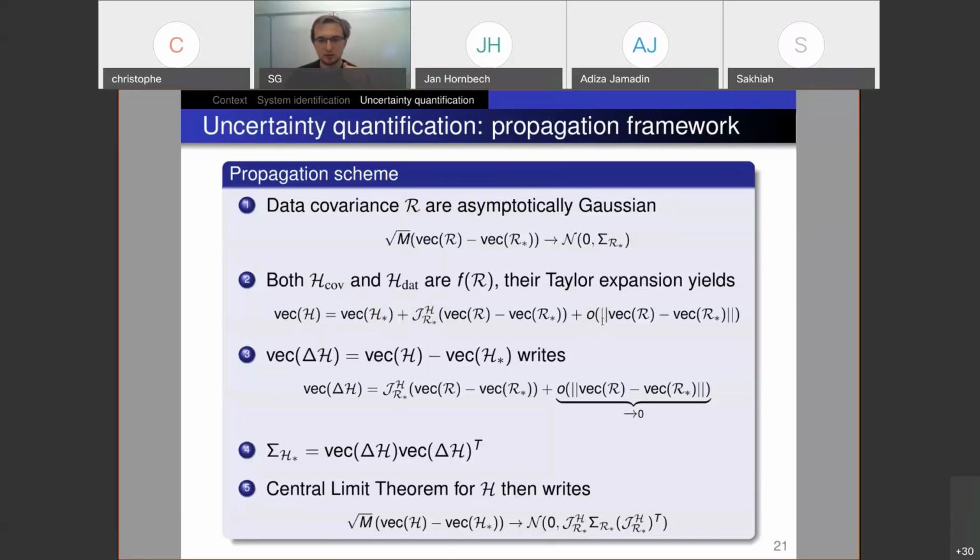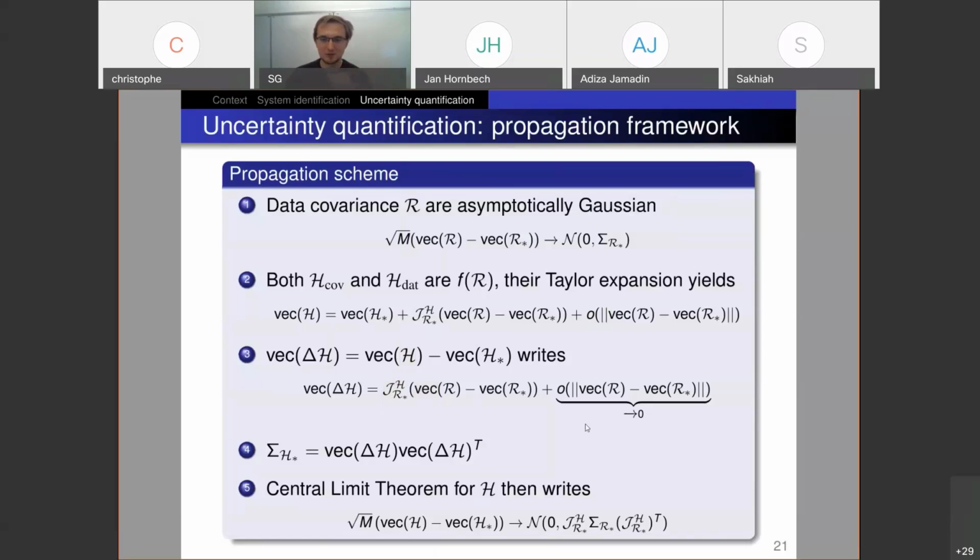Now let's denote the difference between the vectorized subspace matrix and its true value as delta H. We can see that this delta H relates directly to the sensitivity matrix and the difference of covariance sequences, where the rest term asymptotically goes to zero.